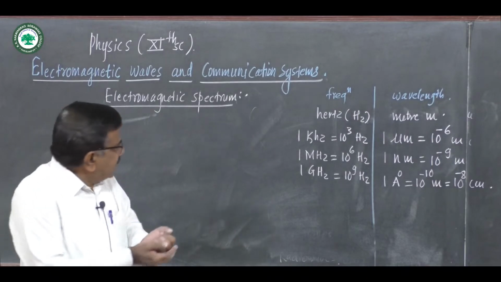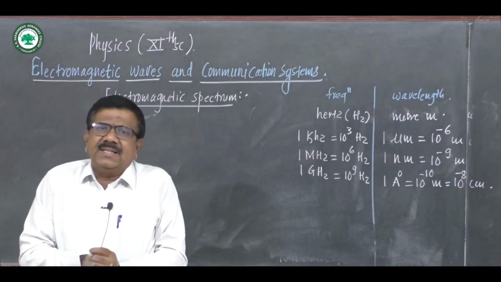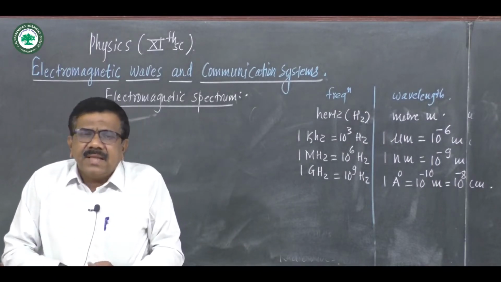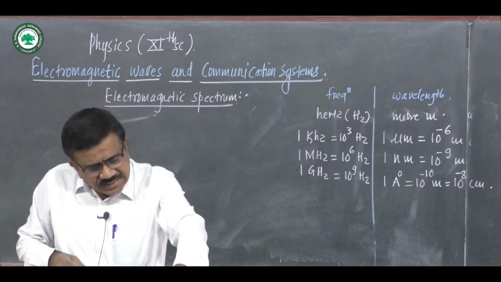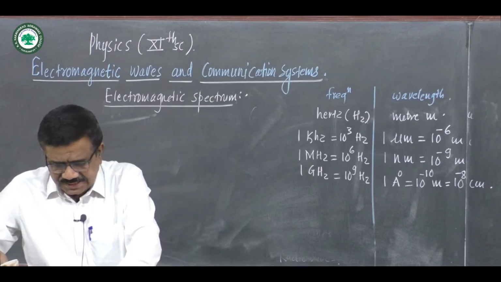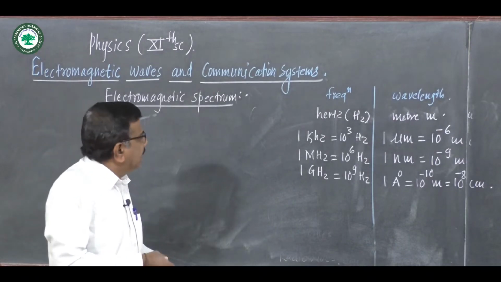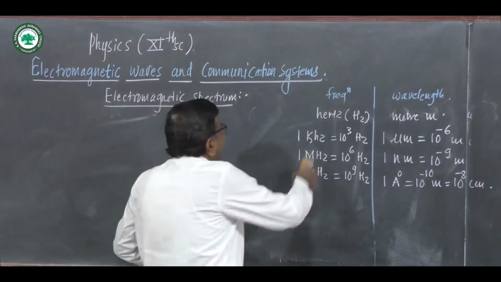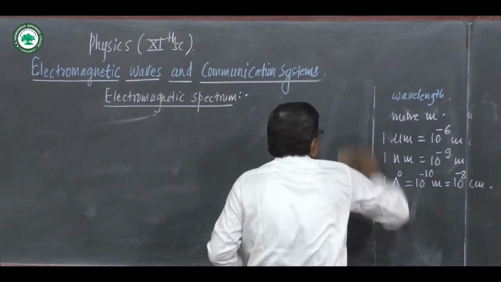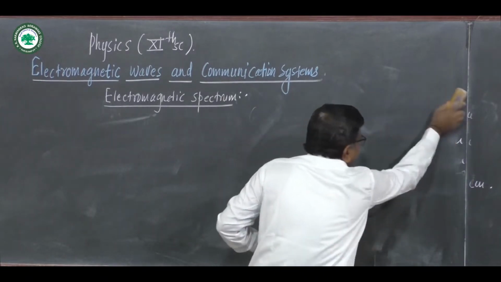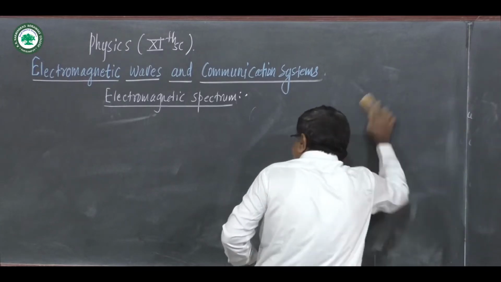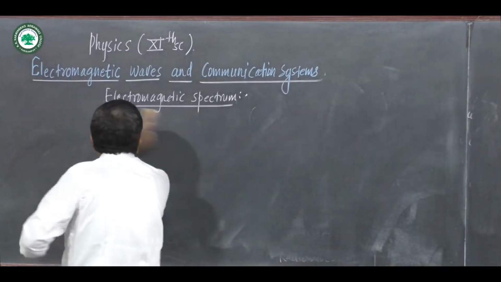Now the properties of this electromagnetic spectrum are different. Their method of production is also different. We see the properties, method of production and uses of the electromagnetic spectrum. Firstly, we see the radio waves in the spectrum.